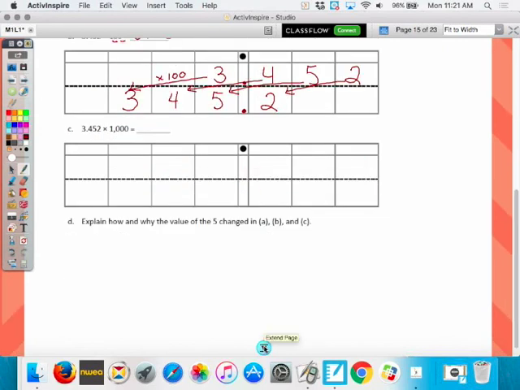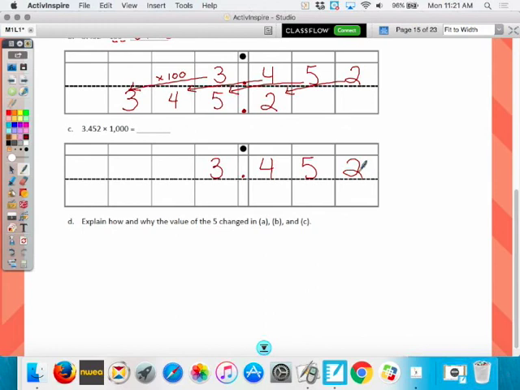Now, I've covered up my place value chart at the top, but you still have yours. So 3 and 452 thousandths. Guess what mistake children make most often when they're doing this type of work? Well, you're close. They put the digits in the wrong place value to start with, by accident.